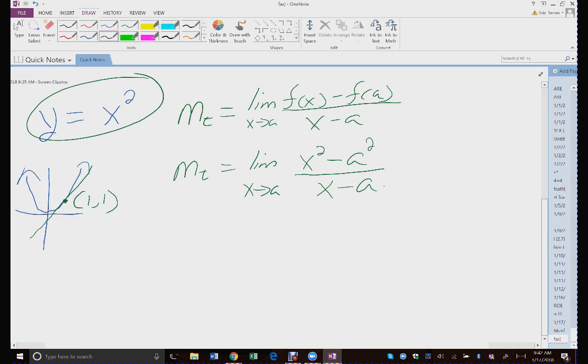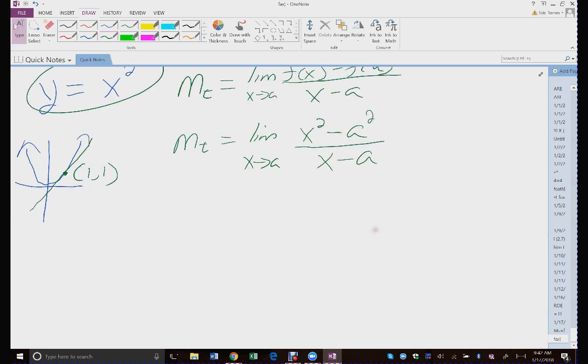So the slope of my tangent line at a, actually in this case we have it at 1. So a is 1. So as x approaches 1, x squared minus a squared over x minus a.